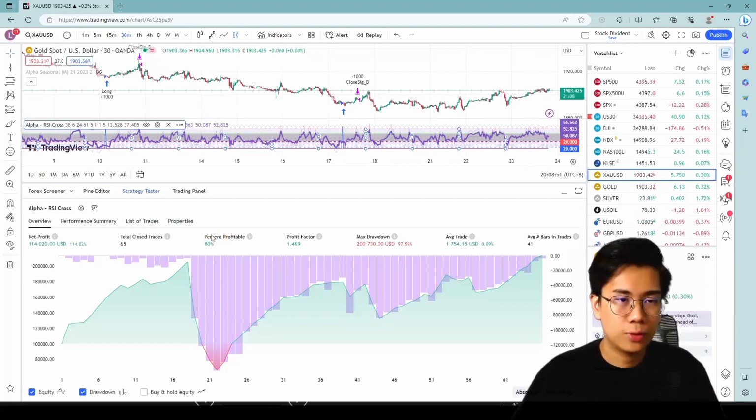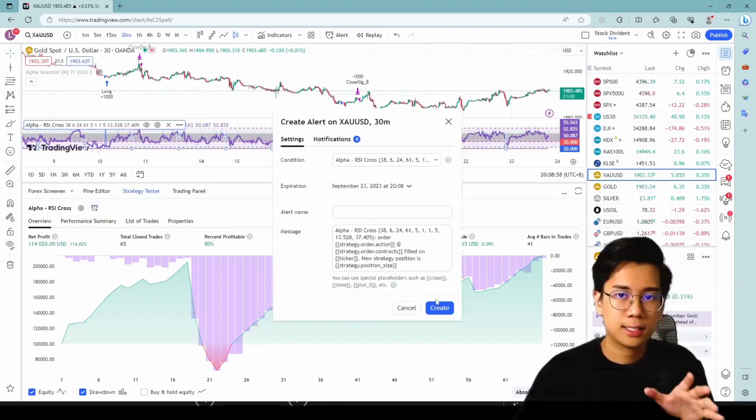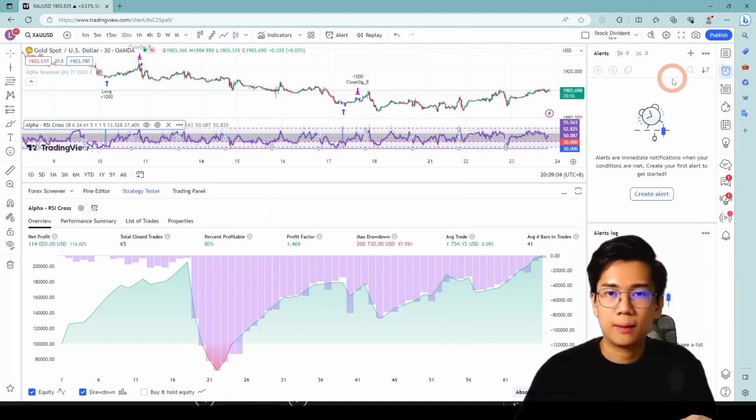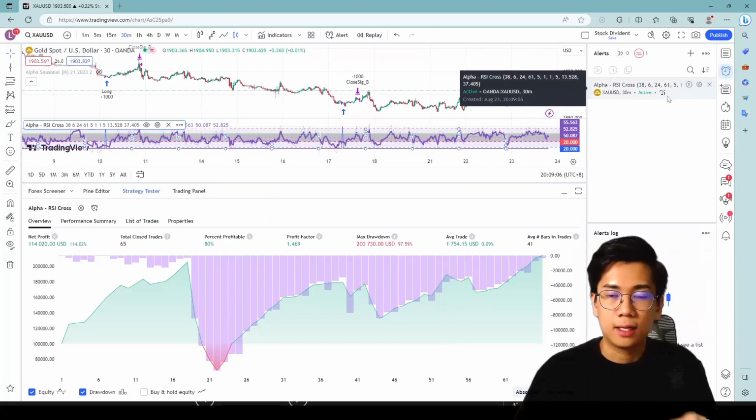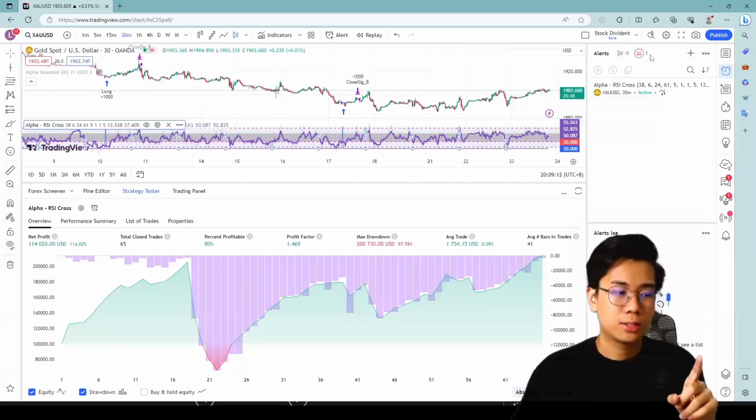What you can do is set an alert for yourself. So there's an add alert, and then just click create. The benefit of this is that it will go to your alert section here. Now, for a free TradingView account, you can do it for a single market for one strategy. So you have your phone, you have your Apple Watch.